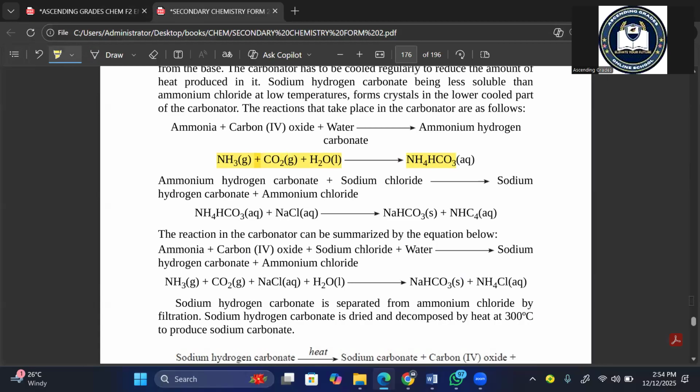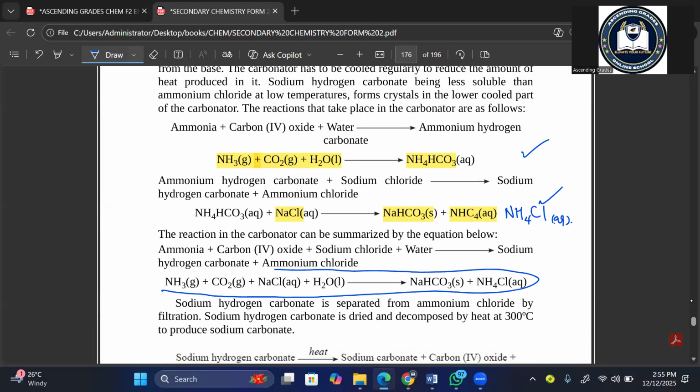Then this product will react with the sodium chloride so that you can get sodium hydrogen carbonate and ammonium chloride, aqueous. So if you split these two equations, you'll still be okay. If you write the general equation, you'll still be okay, and there will be no problem.